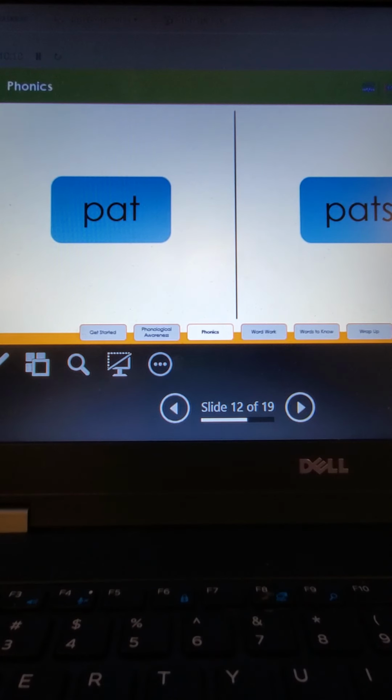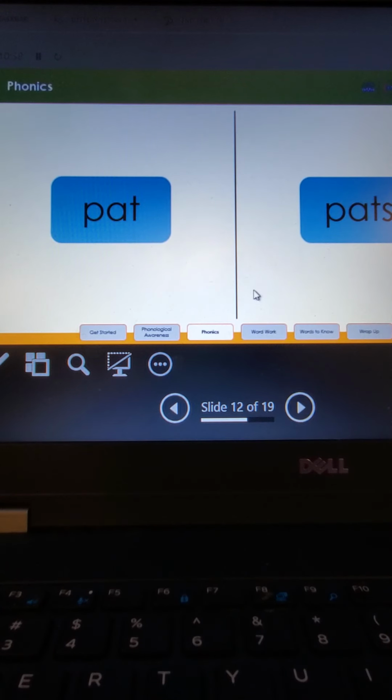Pats. That's right. The word pat is a verb or an action. And when you use the S ending with an action word, it tells about what one thing or person is doing. Dana and Patrick pat the dog. Dana pats the dog. So what word?